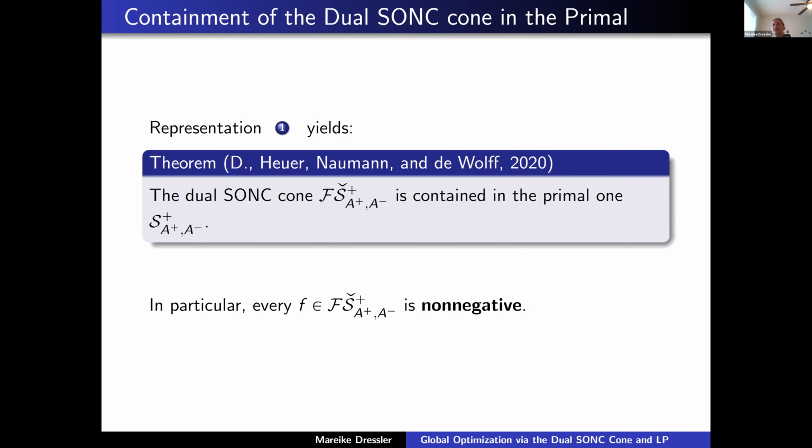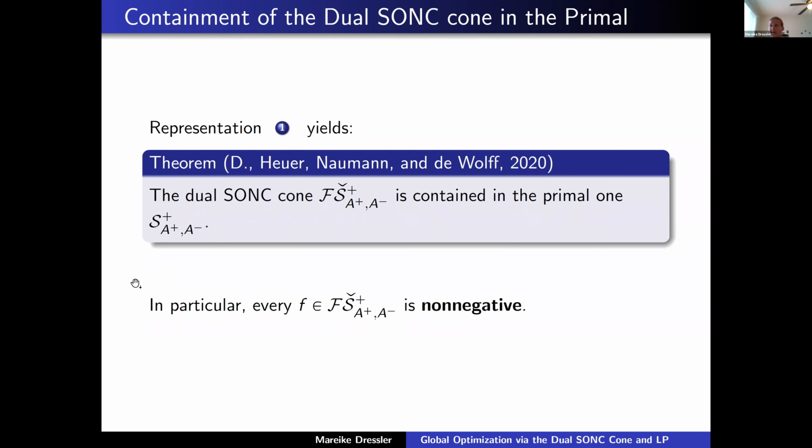And what does that mean? That means in particular that every function in this dual cone is non-negative, because clearly this SONC cone is contained in the non-negativity cone, right? And that means every function here in this cone also gives us a non-negative certificate. Probably not as good as using the primal one, since the reverse containment does not hold, but it gives us a non-negativity certificate we can use for optimization purposes.